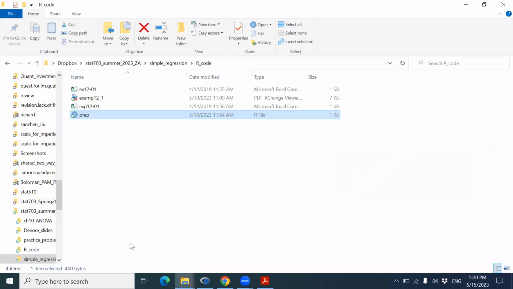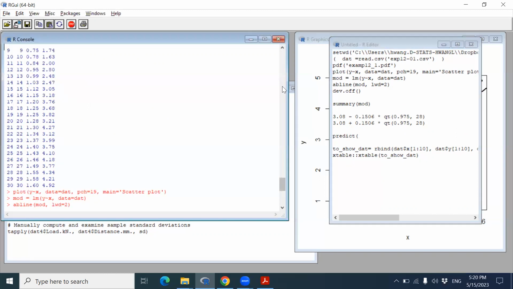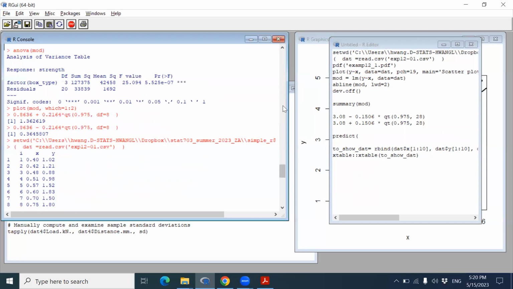The next part, if you want to do a prediction, let's say we want to predict y when x is equal to 0.5.